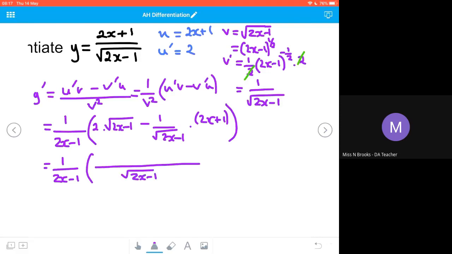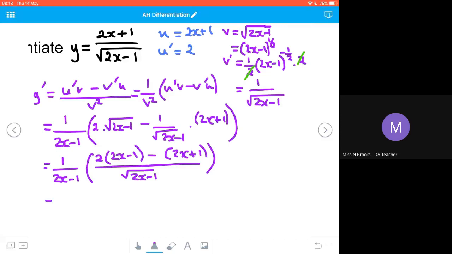So I need to multiply the 2 times the square root of 2x minus 1 by the square root of 2x minus 1 to make that an equivalent fraction. And so I'm going to have 2 times 2x minus 1, and that's going to be take away 2x plus 1, keeping it in a bracket still. So now I'm going to multiply out the brackets.